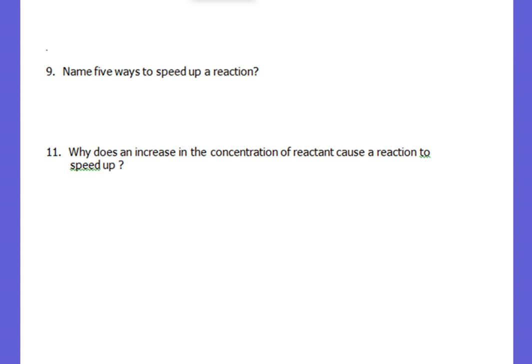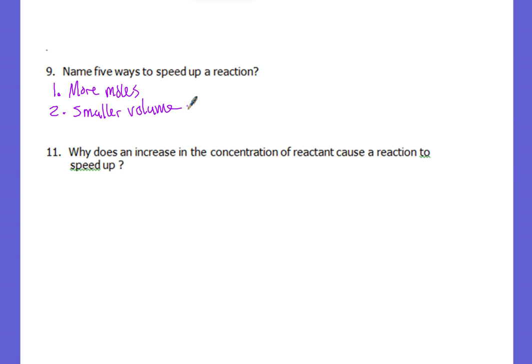So, the 5 ways in terms of a reaction is you need more moles. If you add more to the reaction vessel, they're going to collide more often. Step 2, smaller volume.